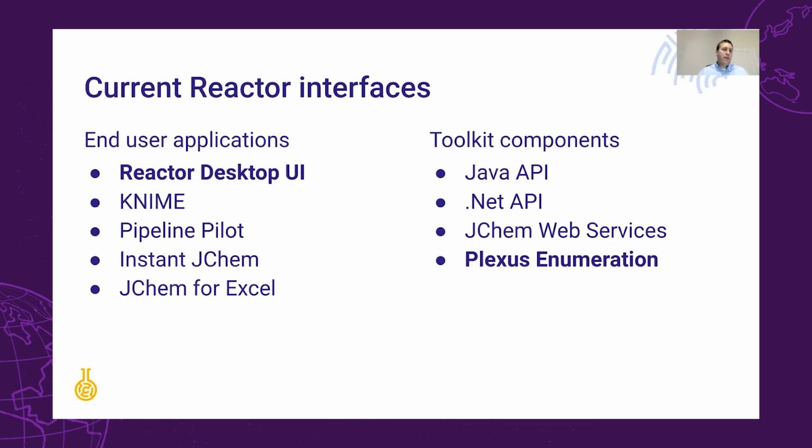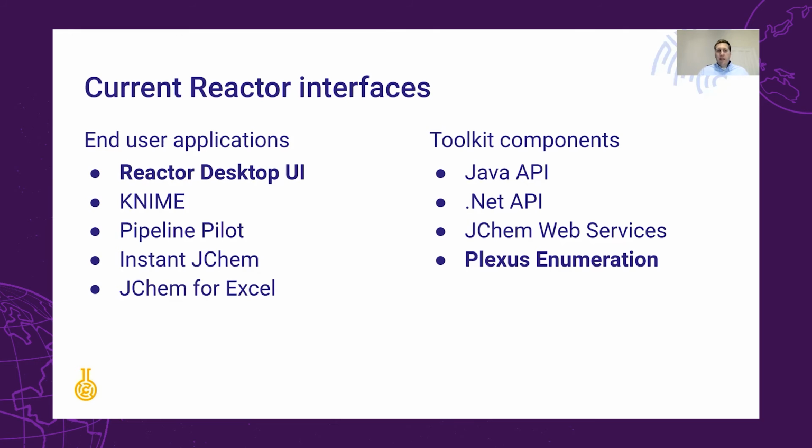It has a dedicated end-user application, the Reactor desktop user interface, and we also have KNIME, PyPilot, Instant JChem, and JChem for excellent integration of Reactor. It is also available as a toolkit component, so you can use it from Java API, .NET API, JChem Web Services, or as a web component from Plexus Enumeration.